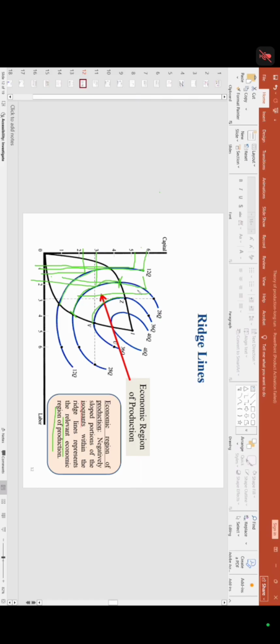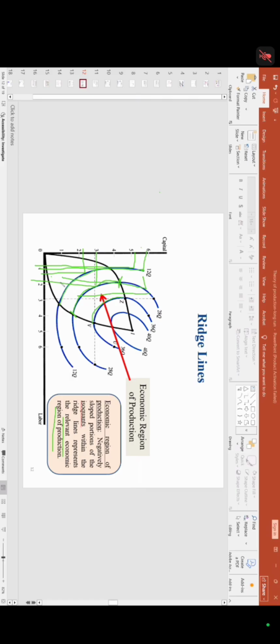Right? So the economic region within these ridge lines is identified where your isoquants are negatively sloped. Why? Because you identify there's a marginal rate of technical substitution. Simply saying, you identify balanced usage of your inputs in different combinations to produce different output levels.